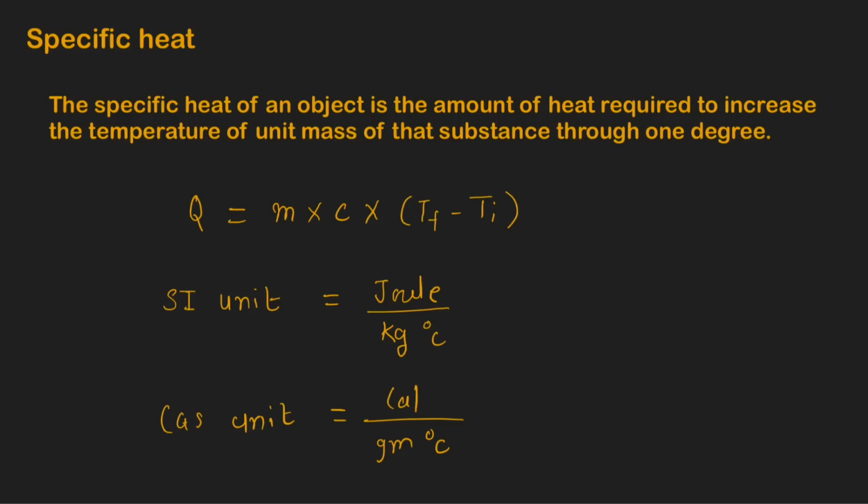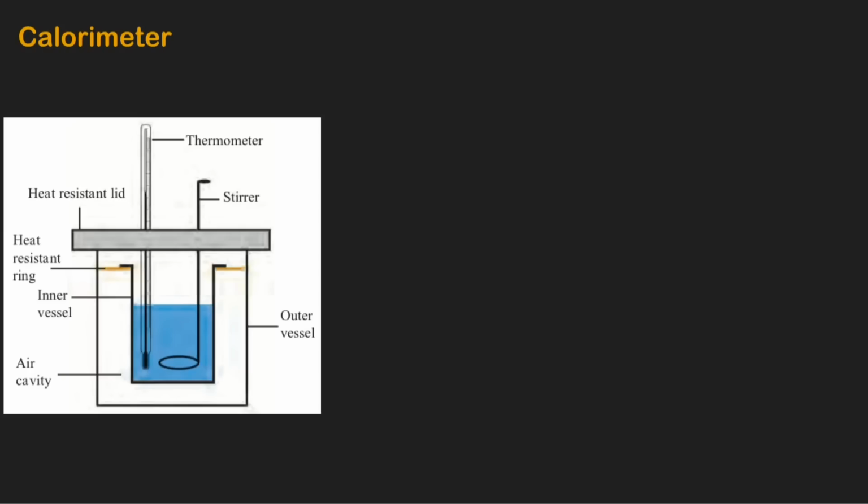Now move towards the next point, that is a calorimeter. Here we can see the calorimeter. This calorimeter is used to measure the heat content of an object. Using this instrument we can measure the heat produced or absorbed.